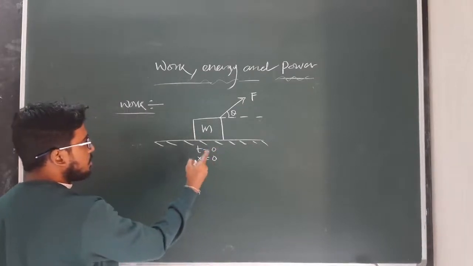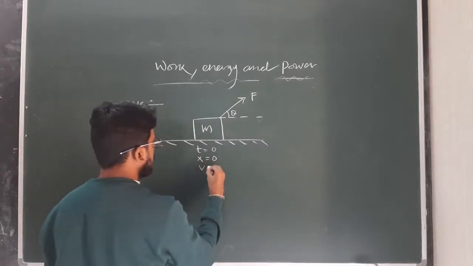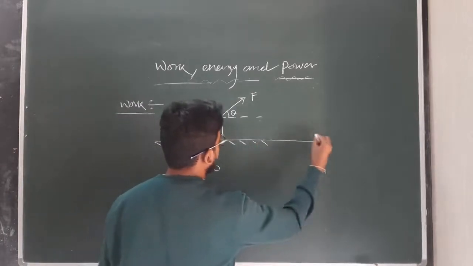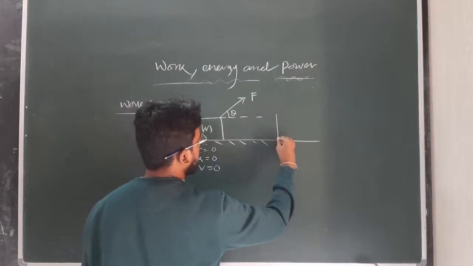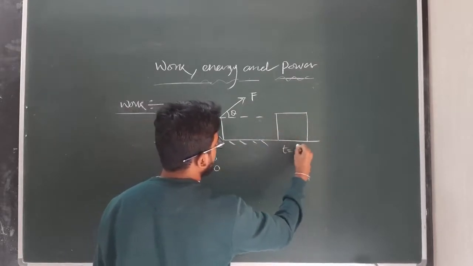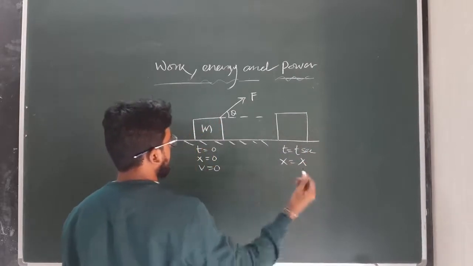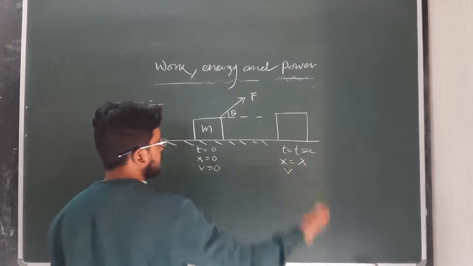So at t equal to 0 the body is at the origin, at rest, and its velocity is also equal to 0. After a certain time, due to the applied force, the block moves to this point at t equal to t seconds, let x equal to x. Clear? And it acquires some velocity v.